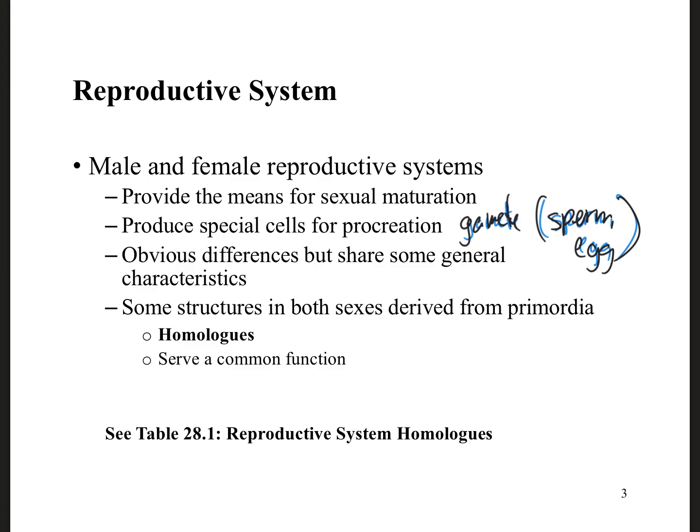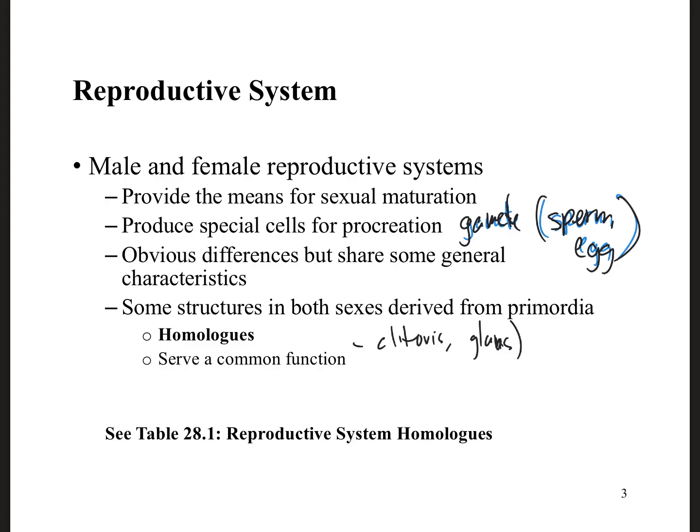And some structures are derived from primordia, which means there are homologs that serve a common function. An example of that is the clitoris and the glans penis. Those are both similar organs. The clitoris and parts of the penis are homologs.